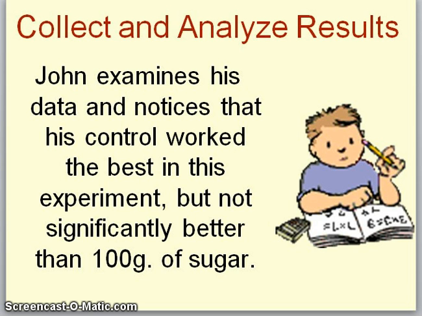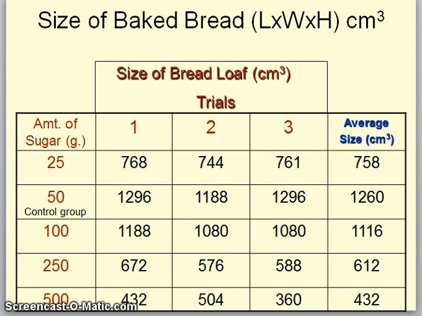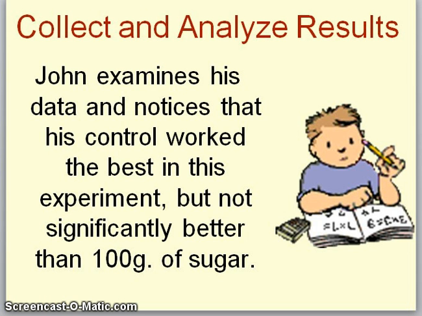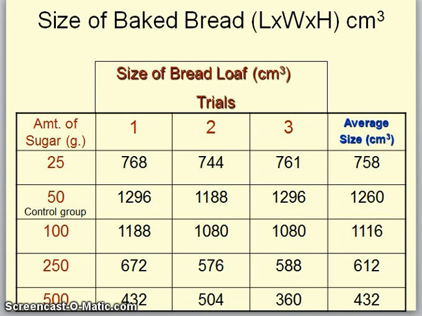Well, that didn't happen, because when he increased the amount of sugar up to 100, it didn't significantly increase the size of the bread. The best was the 50, and that's probably why his grandmother uses that one. So we say it was the best, but not significantly better than 100, because they did have that one that was the same. We talked about these 2, how they are the same. So it wasn't significantly better.